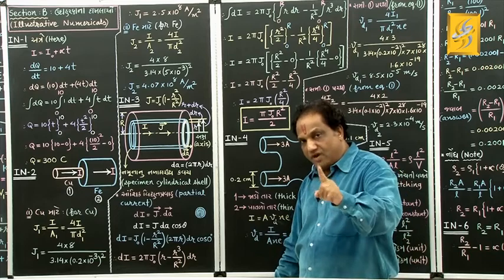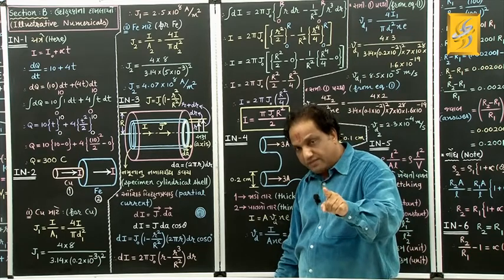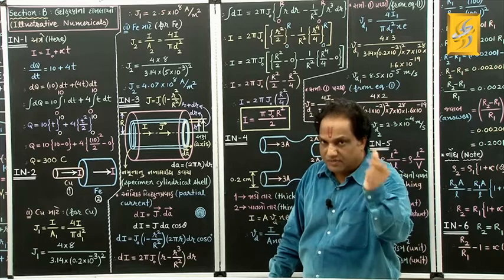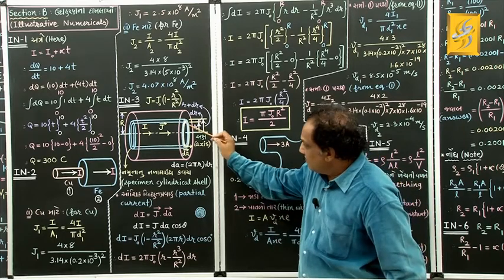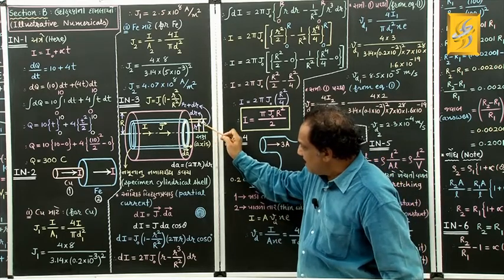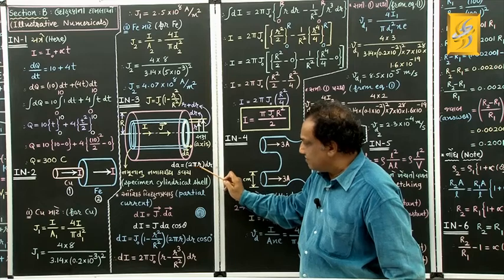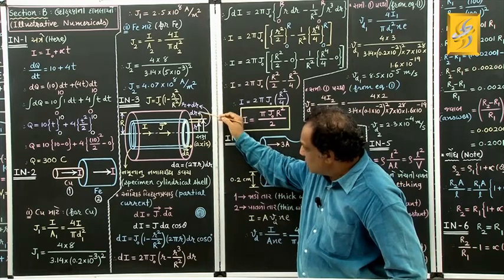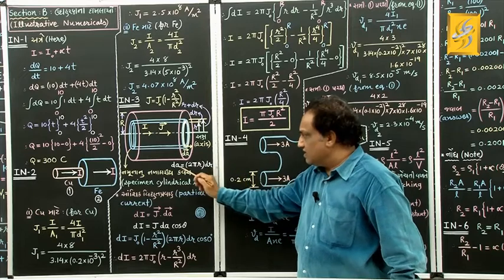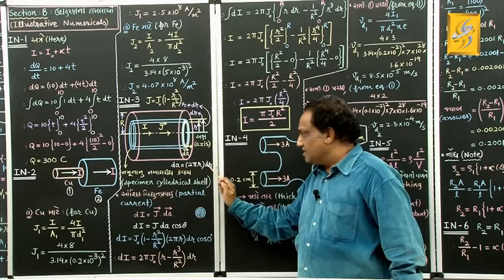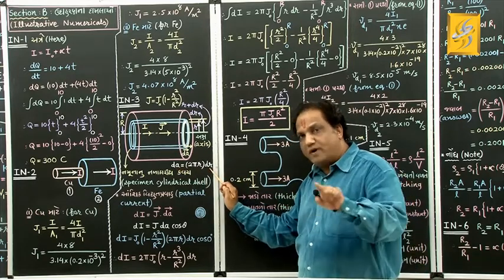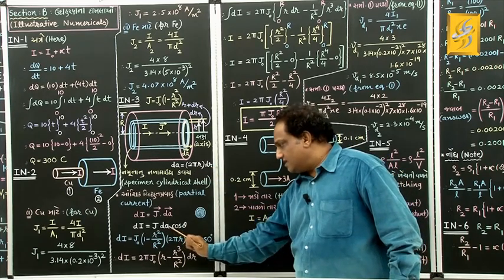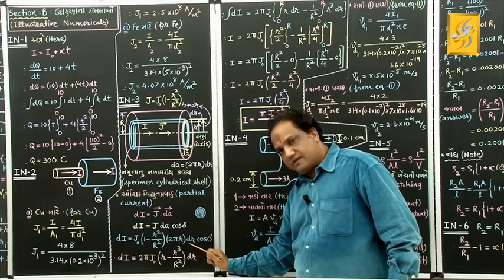Remember the formula for the area of an extremely thin circular ring: it is circumference multiplied by thickness. The circumference of a circle with radius r is 2 pi r, into thickness, which is right now dr. So dA is 2 pi r dr.